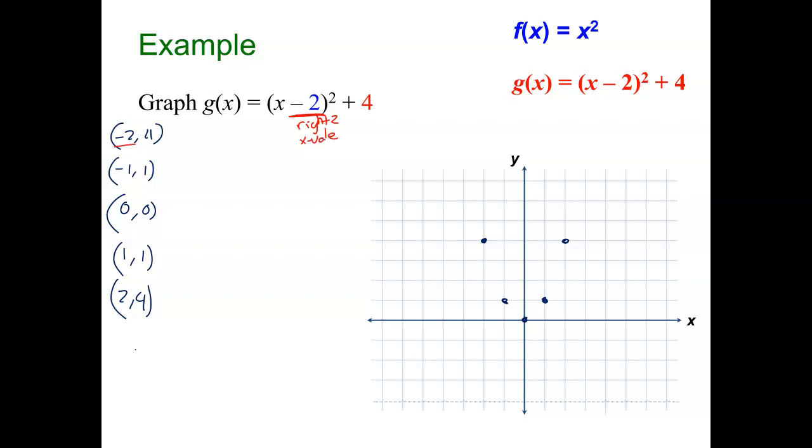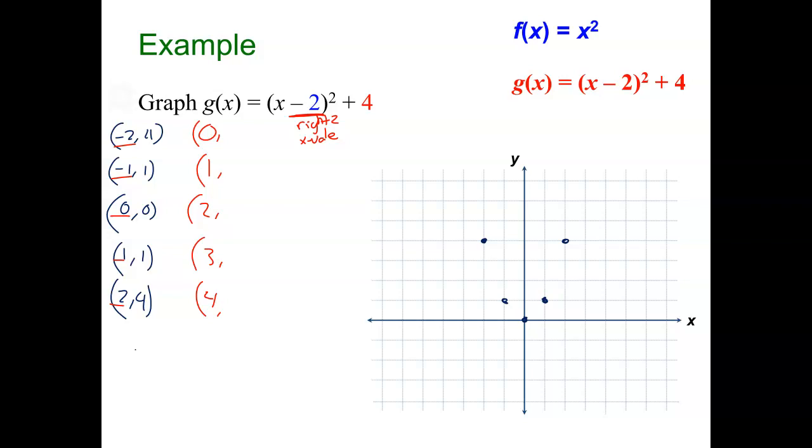So I'm going to treat every single one of these x values, I'm going to add 2. Okay? So, negative 2 plus 2. 0. Negative 1 plus 2. 0 plus 2. 1 plus 2. 2 plus 2. Those are my new x values. Moved everything to the right 2 units.